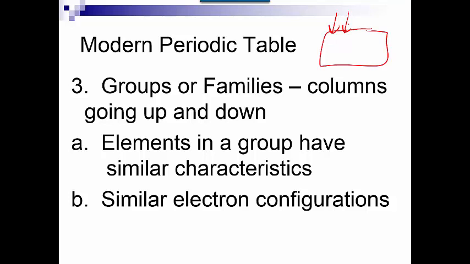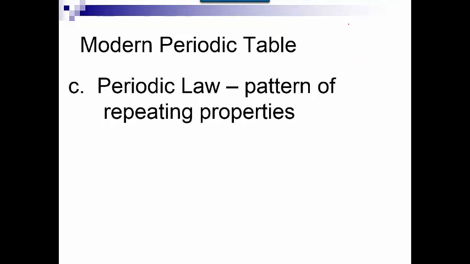Electron configurations are something that we will talk a little bit more about when we get into our next unit about how elements bond together. Now, the actual definition of periodic law is that patterns of properties repeat. So again, as you go from period 1 to period 2, you're also within the same family. So you're going from here to here, down a family to the next period below it, then the properties are repeating for those elements.